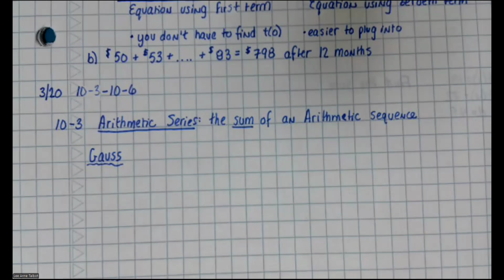Picture little Gauss in his beret and cape. And he's in a classroom, probably all full of dudes with a dude teacher at that time period. I don't know what time period it was, but it was a long time ago. And the teacher was irritated because Gauss was naughty. He finished his work really fast and then bugged the teacher.